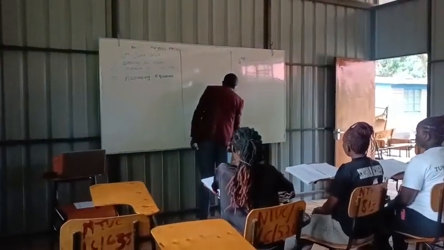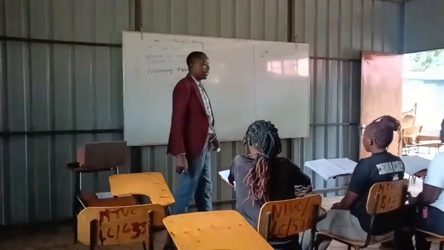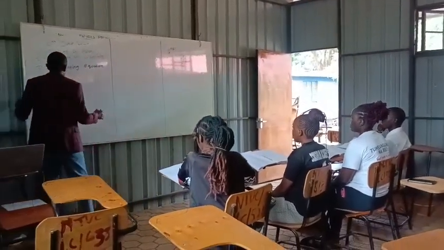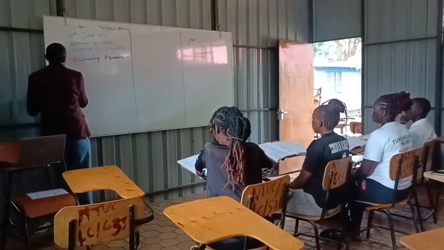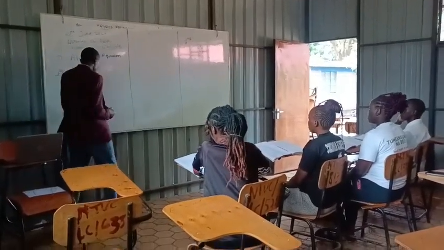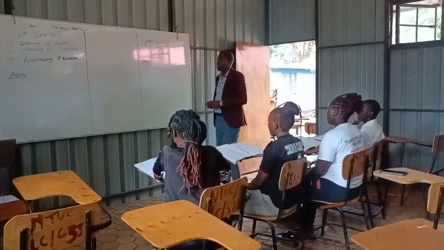So, at the end of the lesson, make sure whatever you have learned, you stick in your mind about these three things. So, we start by defining assets. Who can guess what are assets?